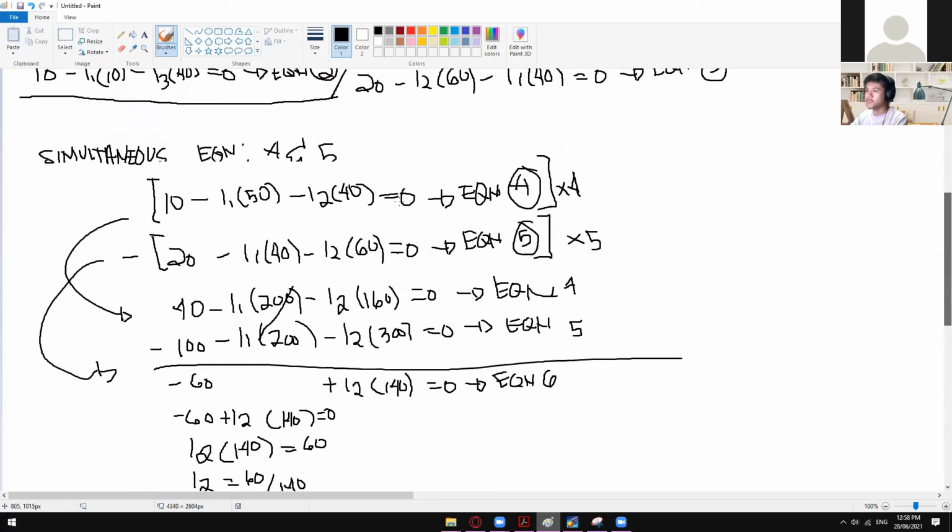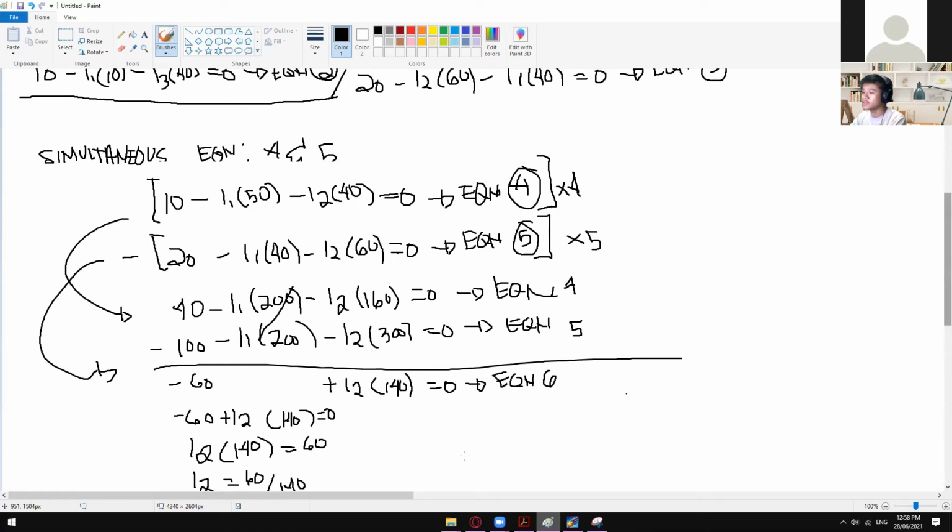So we can now also eliminate the I2 right here for us to be able to get the value of I1. So how do we do that one? We can do the same method. So we have to make this one equal to this one. To do that, we have to multiply the equation number 4 by 3 and then equation number 5 by 2. So 2 times 60 is 120 and then 3 times 40 is 120.